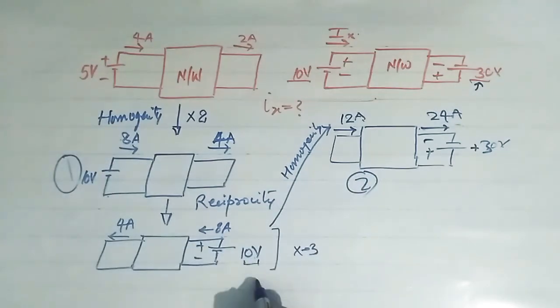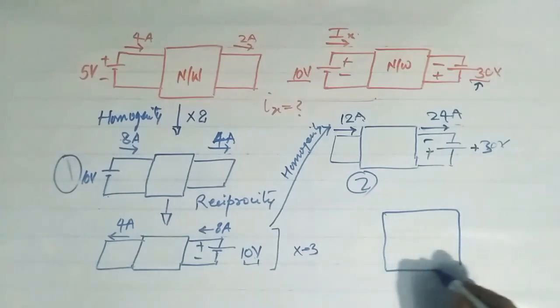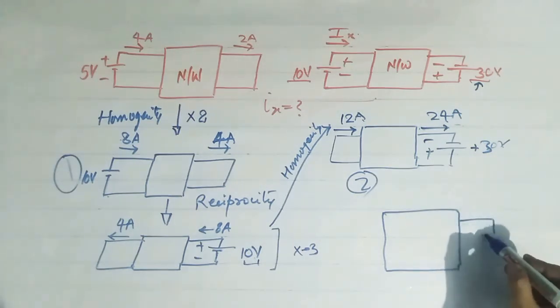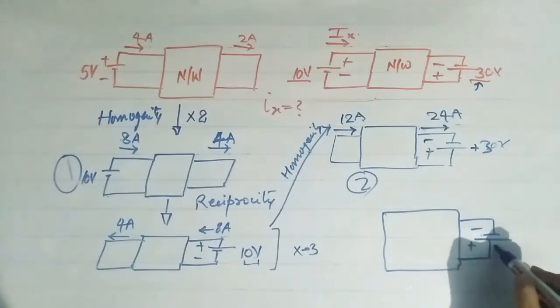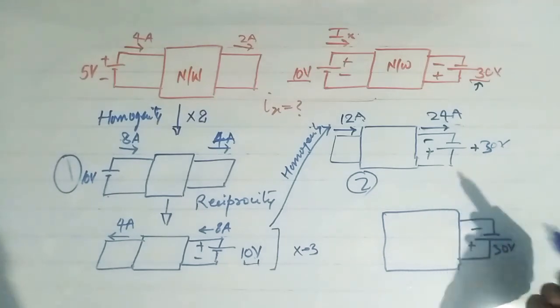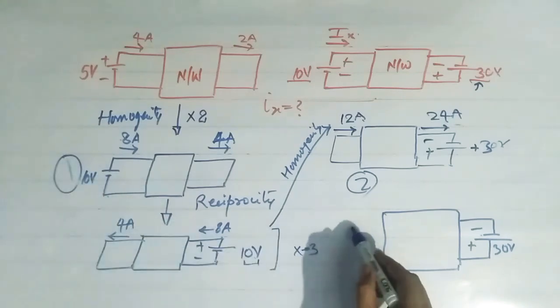What we get on superimposing this, here it is not visible, so here I draw this. Suppose here it is this 30 volt, and on superimposing this we get 10 volt here.